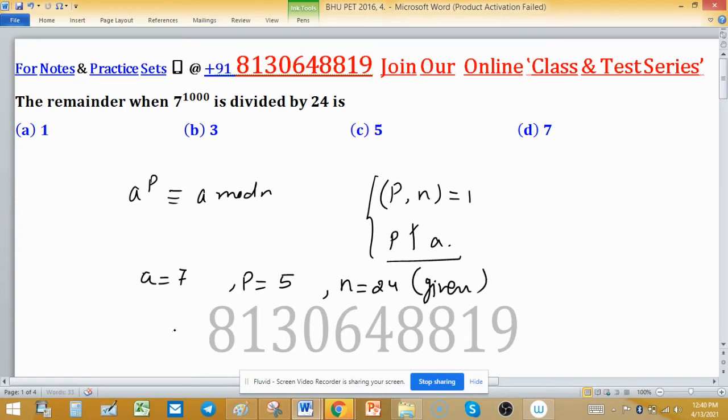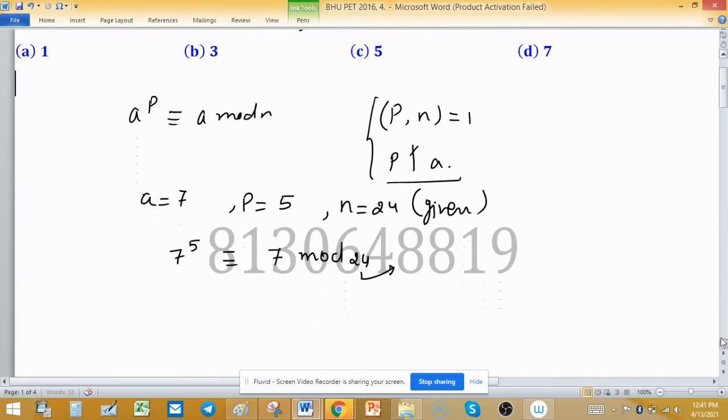So 7 raised to the power 5 is congruent to 7 mod 24, and we know that 7 squared is 49, and 24 times 2 is 48, so 1 will be the remainder.